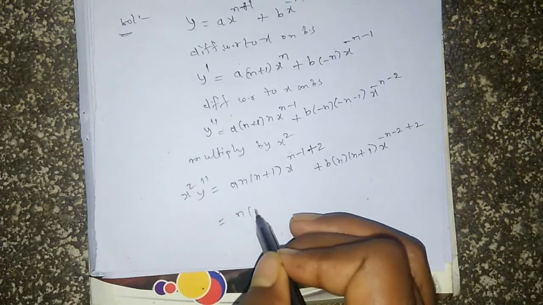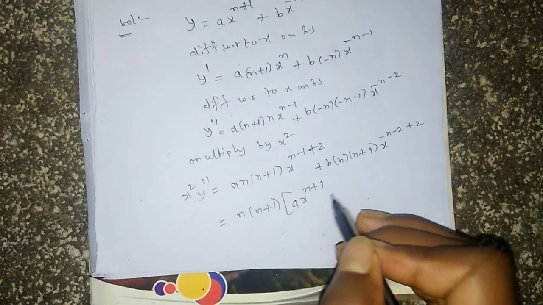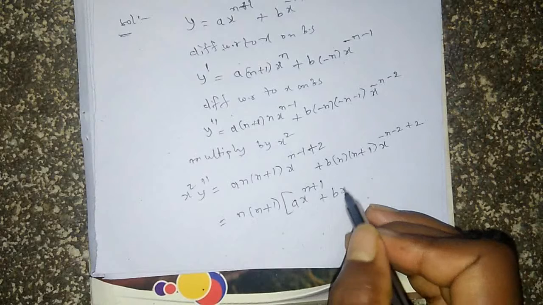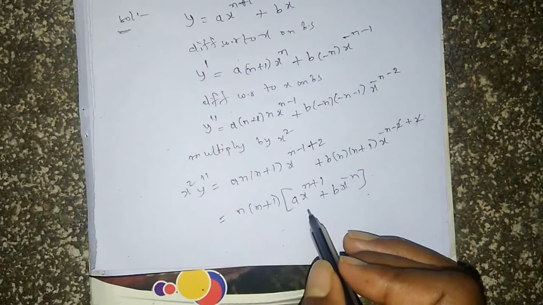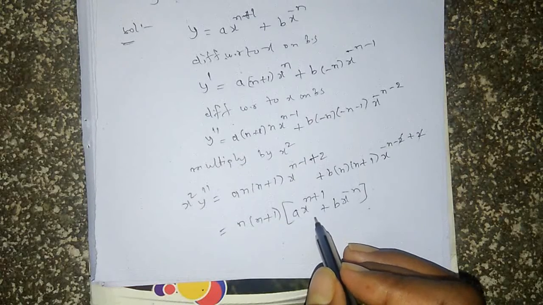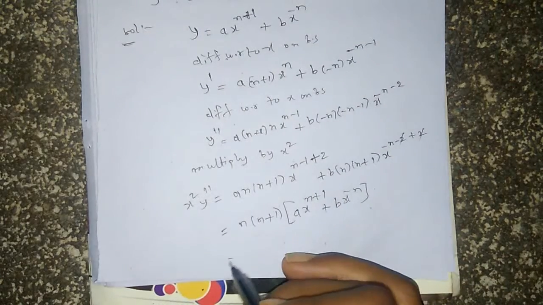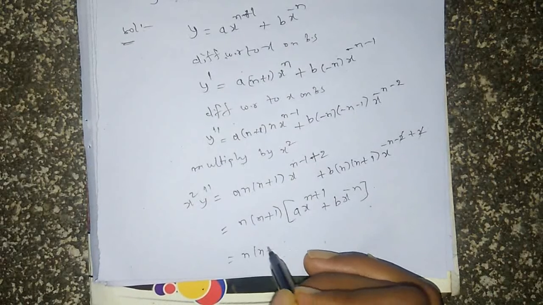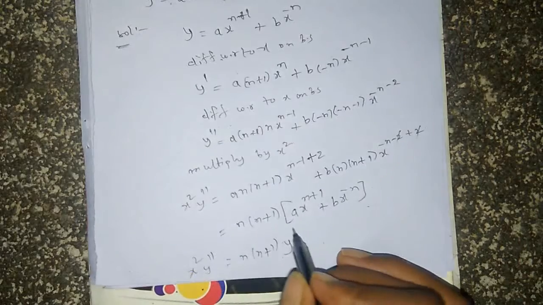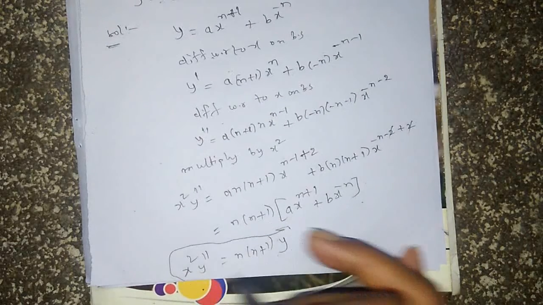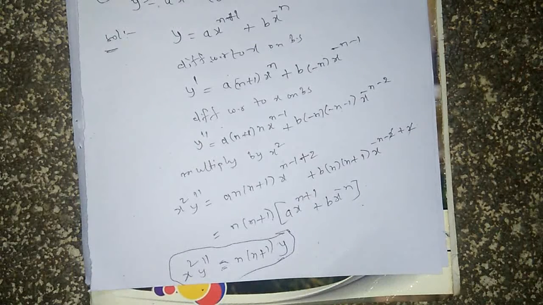Here we can take n into n plus 1 common, leaving a into x power n plus 1 plus b into x power minus n. The 2 gets cancelled. So observe here, that is again y. Y is equal to a into x power n plus 1 plus b into x power minus n. So x square y double dash is equal to n into n plus 1 into y, which is the differential equation of the given curve.